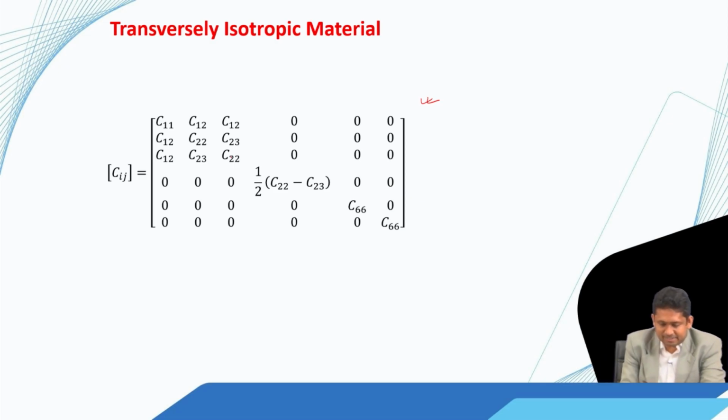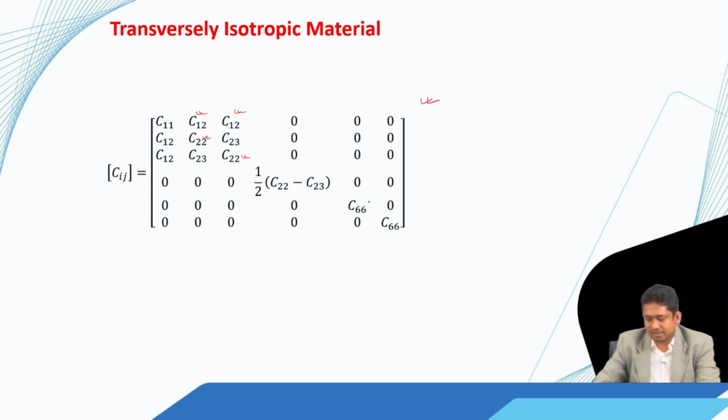Now, we can easily see that because our 2 3 plane is the plane of isotropy, the properties along direction 2 and direction 3 are the same. Similarly, C 12 is equal to C 13, and these shear coefficients are also the same. So, the 1 2 and 1 3 shear coefficients are also the same.